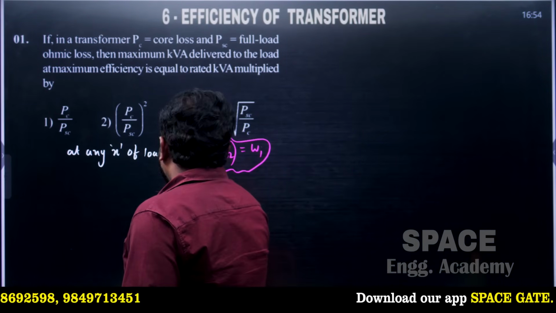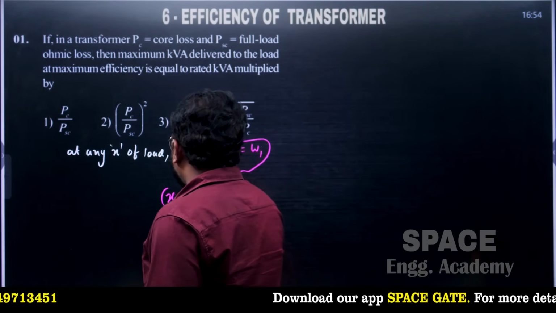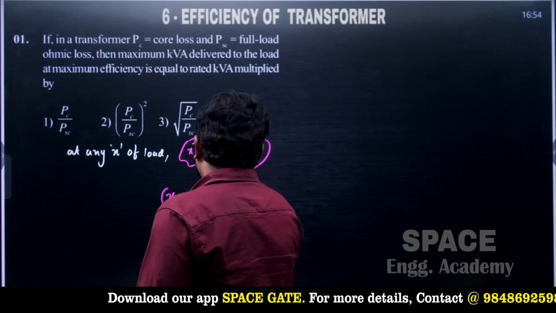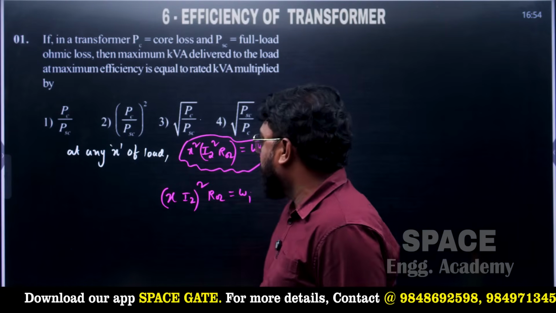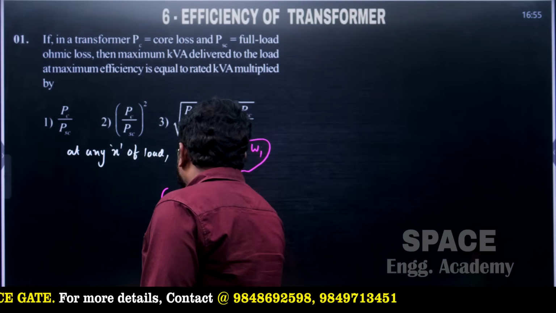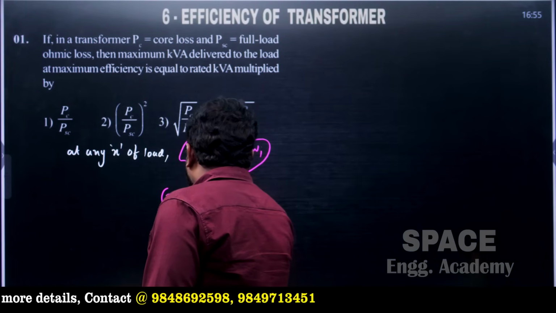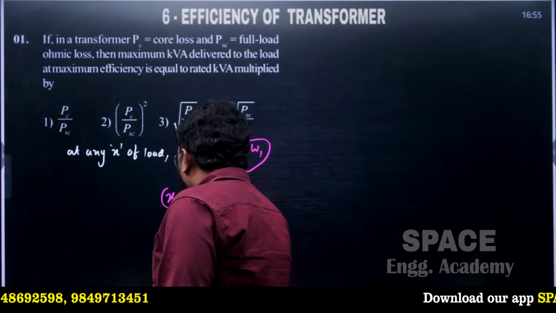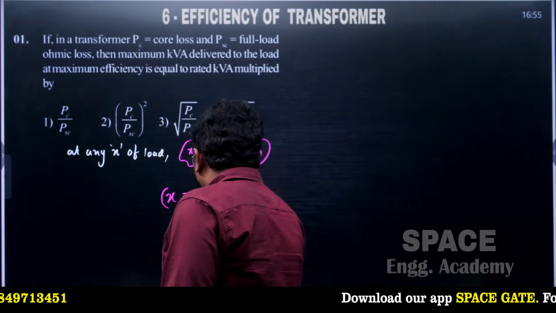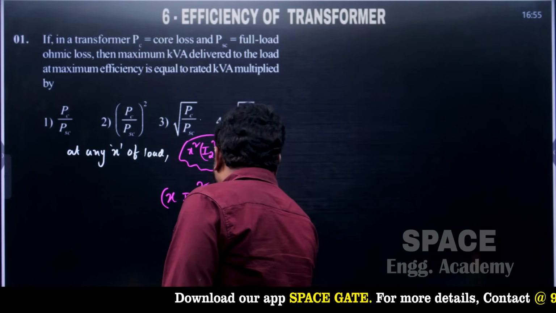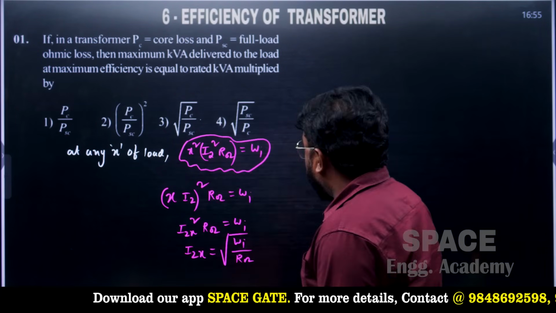So x square I2 square R02 equals the iron losses, and therefore I2x is equal to under root of iron losses divided by R02.